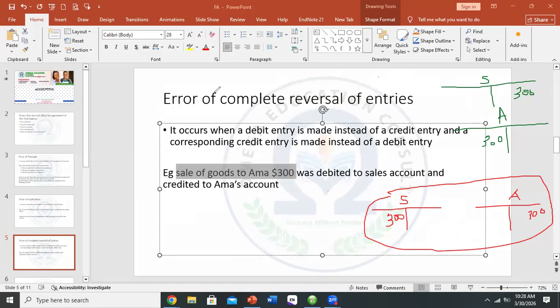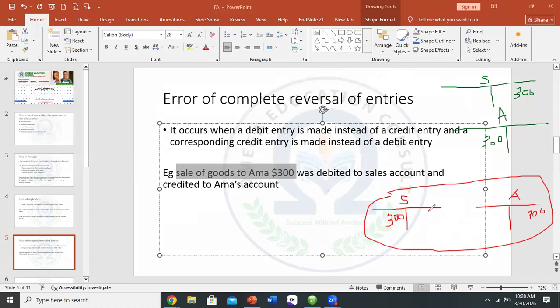Sir, to correct this error, first of all, we need to pass an entry to credit sales now, and then debit Amma to cancel that wrong entry you've made, and then we'll credit sales again and debit Amma, so that when we look at the account, we'll see that on Amma's account you have a debit and then sales you have a credit.